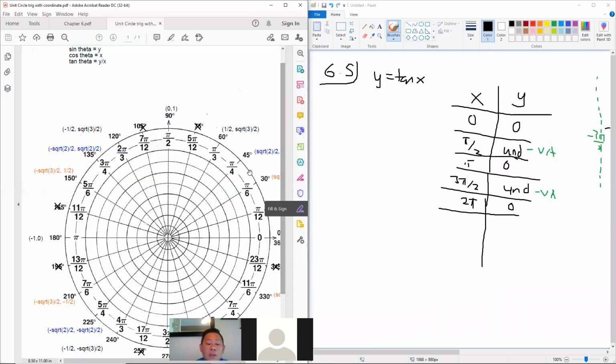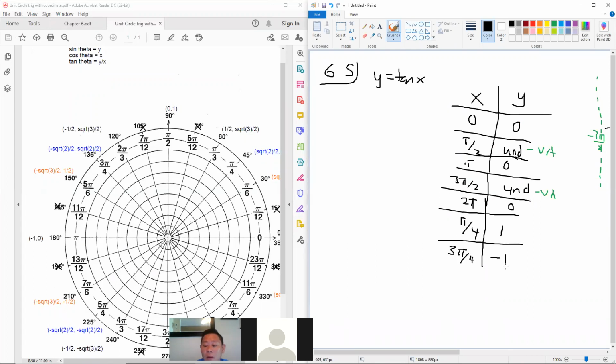So when you look at this unit circle here, the pi over 4 that we have will be 1, because when you divide square root of 2 over 2 by square root of 2 over 2, you get 1. And then 3 pi over 4 is a -1, because this is divided by a negative.